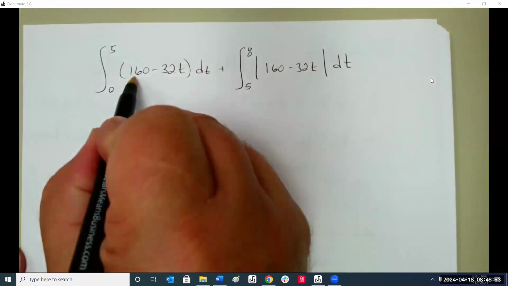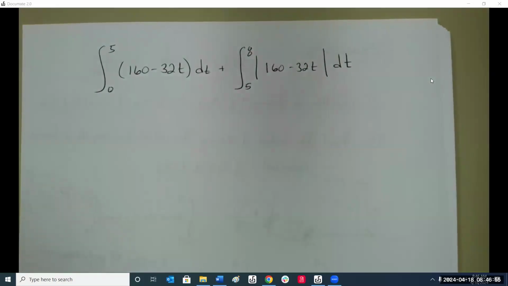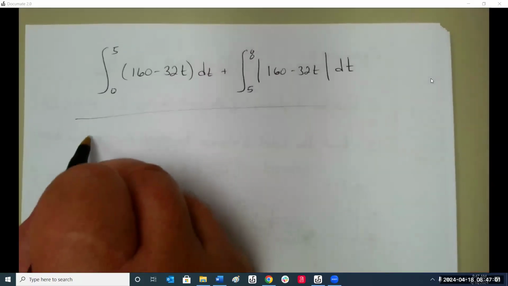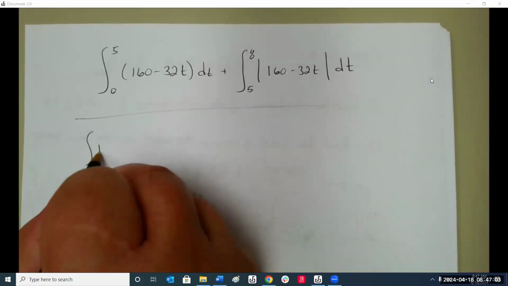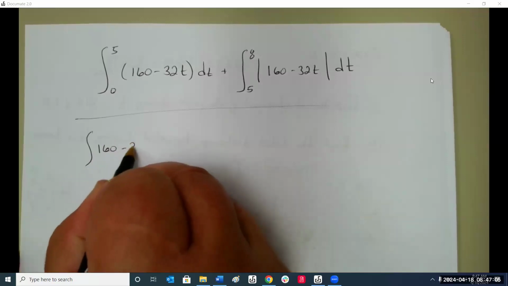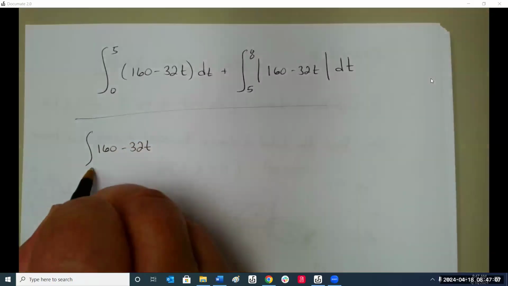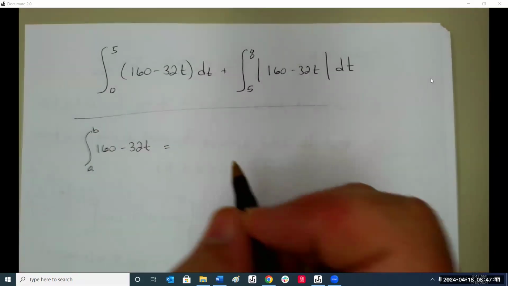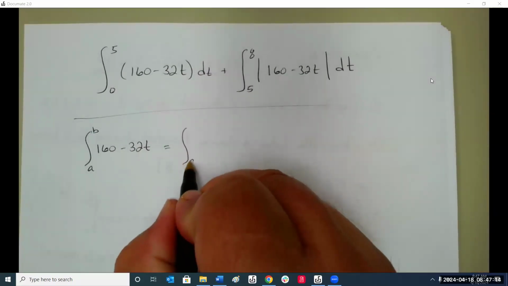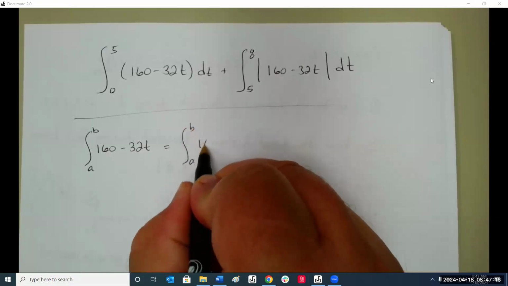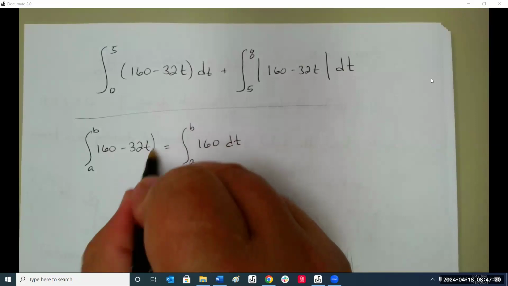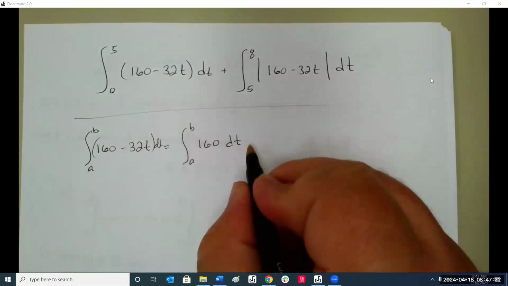So what's the integral of 160 minus 32t? Let's look at this part here. So the integral of 160 minus 32t from a to b, according to the properties of integrals, we can split it up.